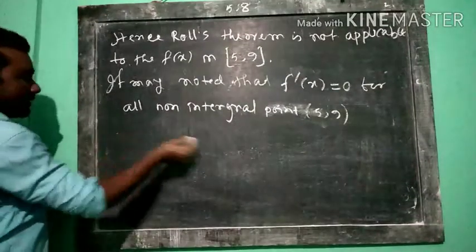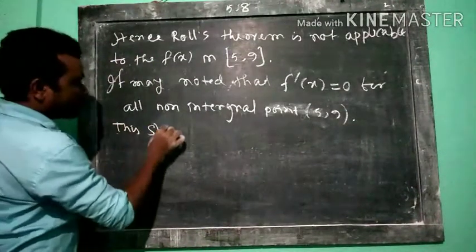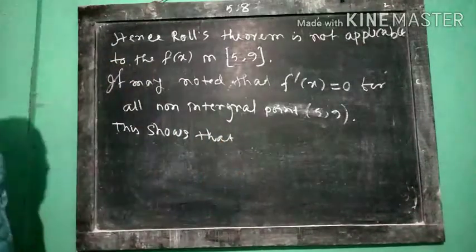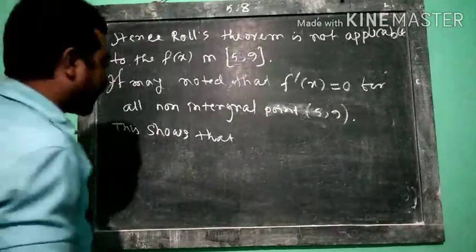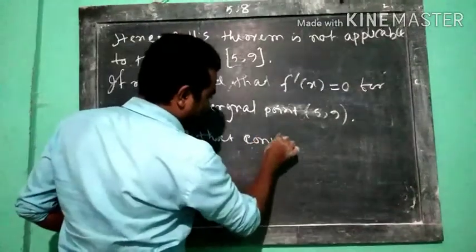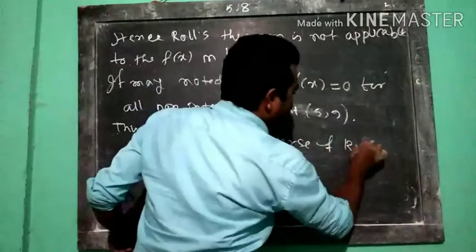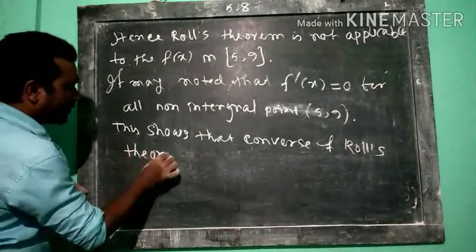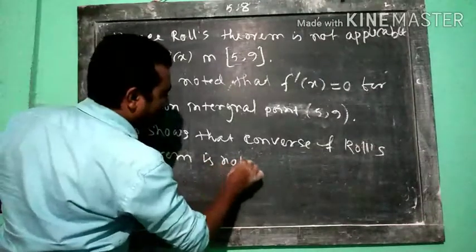This shows that the converse of Rolle's theorem is not true.